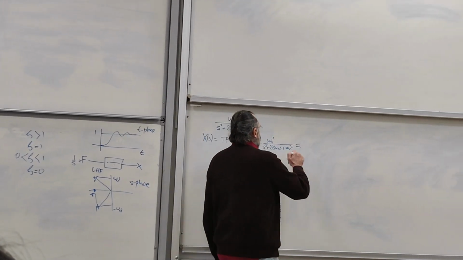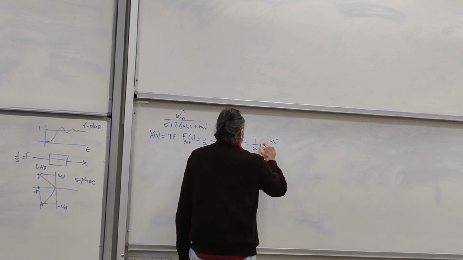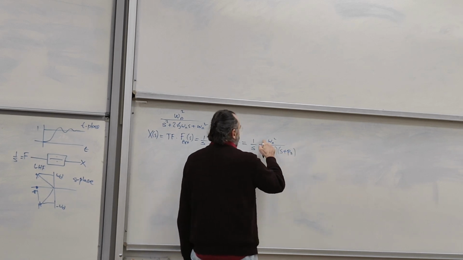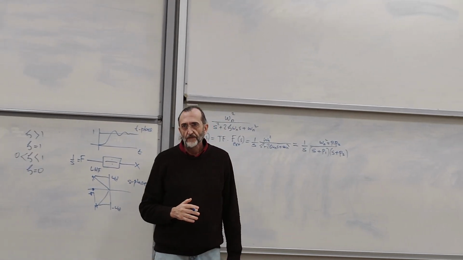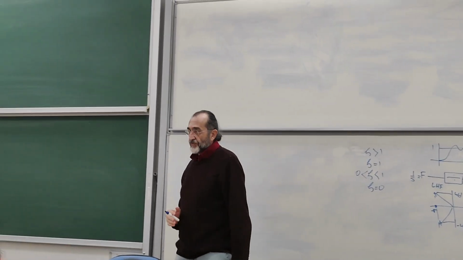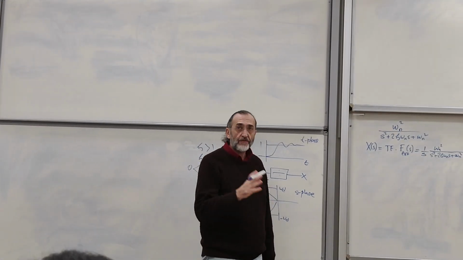Let's express this as 1 over s, omega n squared divided by s plus p1 times s plus p2, and omega n squared is equal to p1 times p2, as you know. Omega n squared is the product of the two poles. Remember that, right?